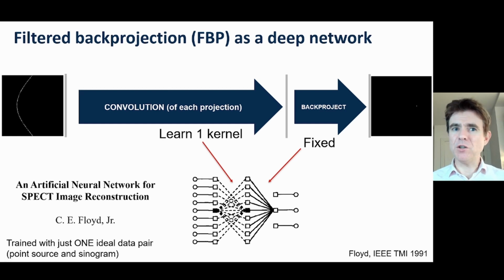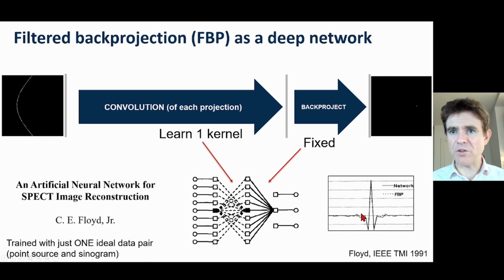So deep learning, or if you like here even machine learning, just one single kernel, has been done for emission tomography from many years back. And this is a visualization of the kernel that he learned, and in fact it's very similar to the analytic filtered back projection kernel.